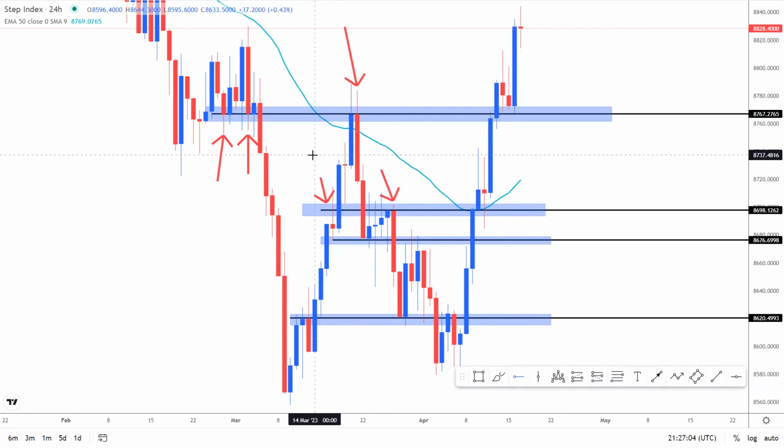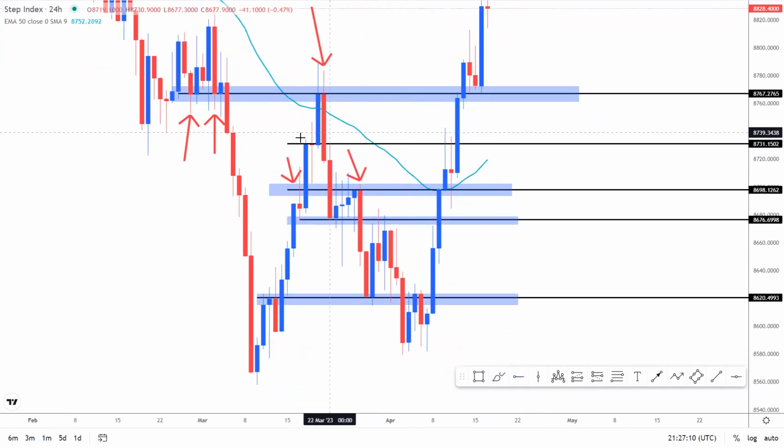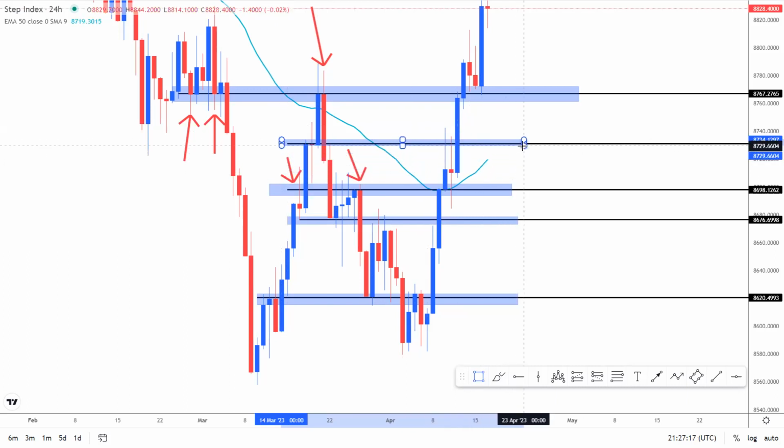And then again, if I would go a little bit in detail on this, there's this level right here, and this would be very much clearer if you move down to a lower time frame. I'm quickly trying to just establish something.